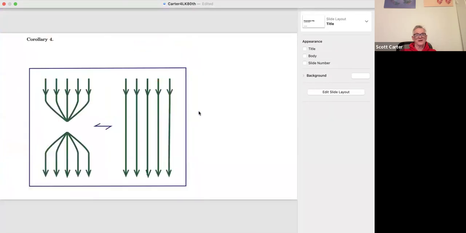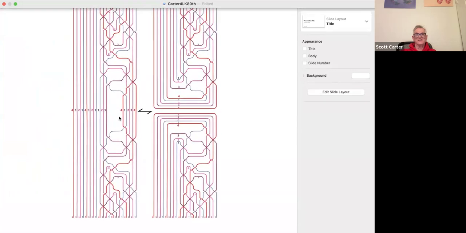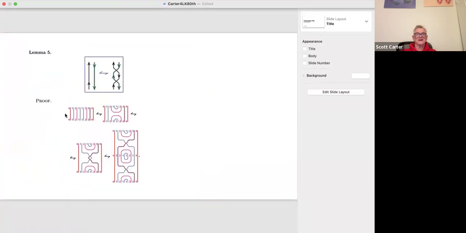And the corollary is that this relation holds. And the reason that the corollary holds is that you can do type 2 saddle moves inside there. Similarly, you can see that the relation Rx inverse is XR inverse is invertible, follows from this sequence of diagrams here.